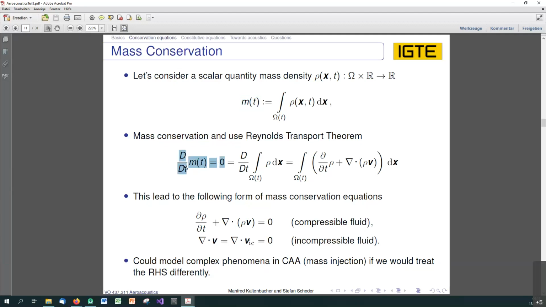Now, it looks very, very easy, but then you insert the integral into the mass definition here, and you have the total change with respect to time of the integral of the mass density.